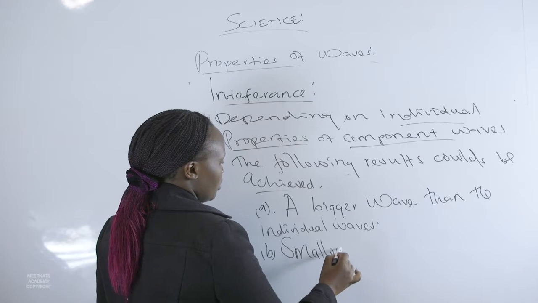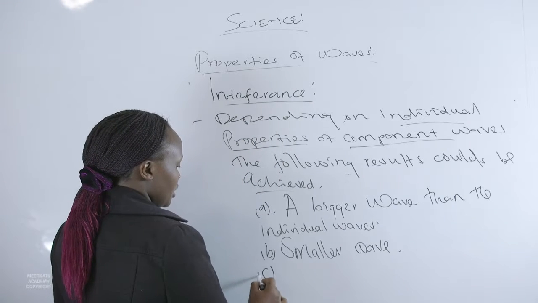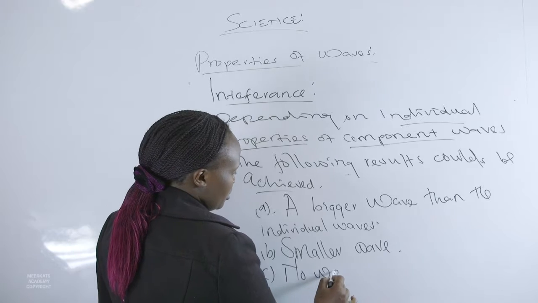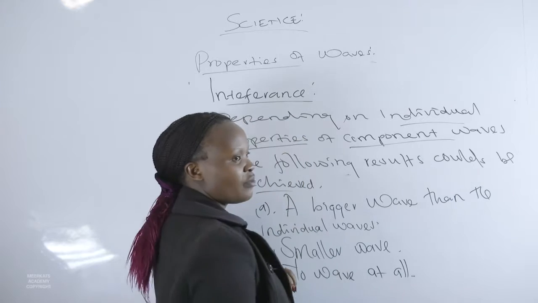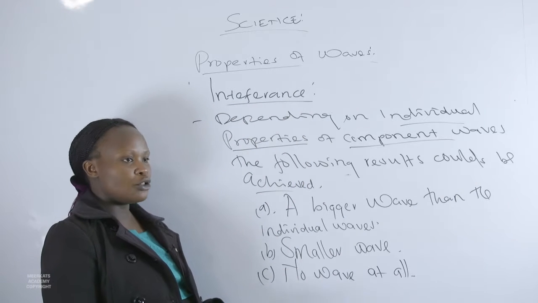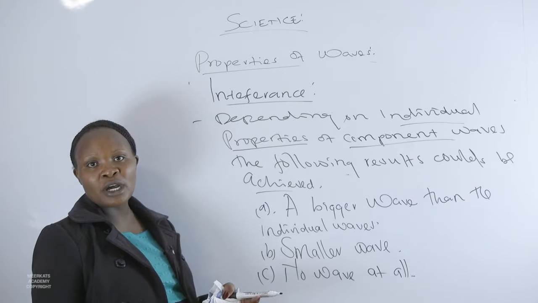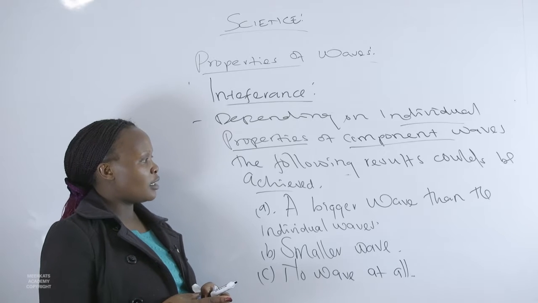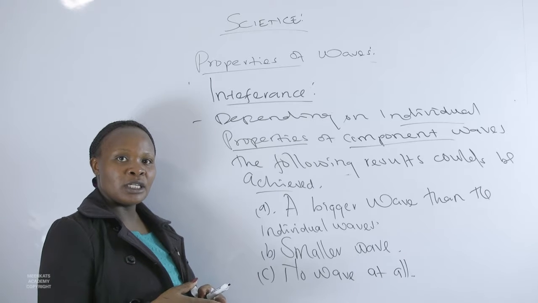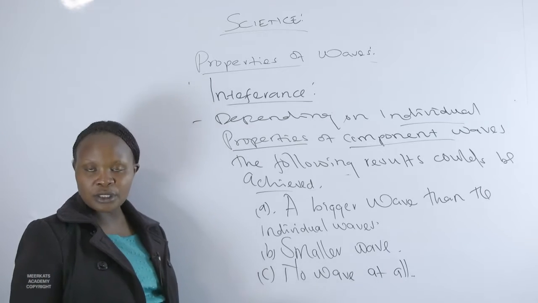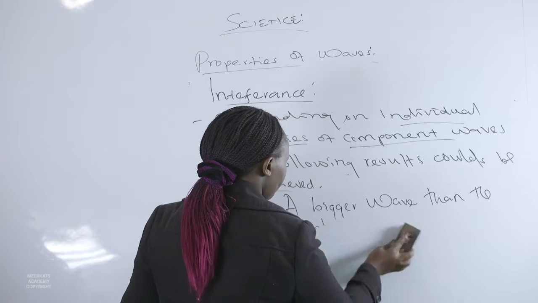You can have a smaller wave, or you could have no wave at all. Now, let us consider each one of these individually and find out, when do we expect to have a bigger wave than the component waves? When do we expect to have a smaller wave than the component? Finally, when do we expect to have no wave at all?